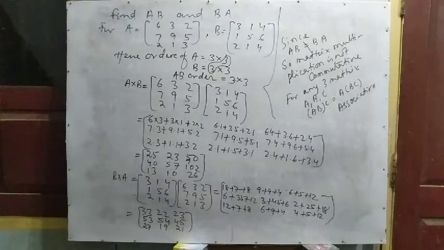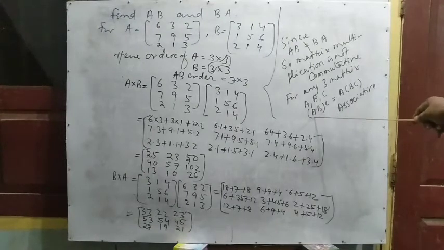Addition is commutative means A plus B equals B plus A. In the case of matrices, addition is commutative means the addition of two matrices A plus B is equal to B plus A. Now, when A, B, C are three matrices, if you multiply AB with C, the result is equal to A into BC.